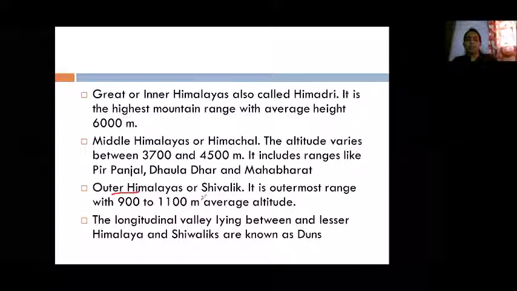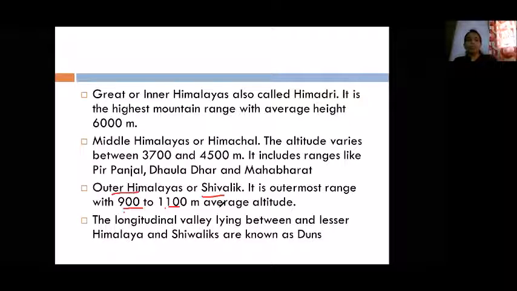This is called the outermost range from north to south, with an average height of 900 to 1,100 meters. If you observe this slide, you will understand the differences in altitude. The Himadri has more height than the Himachal and Shivalik.